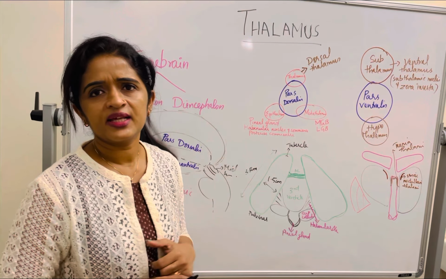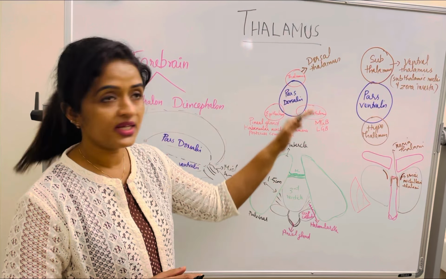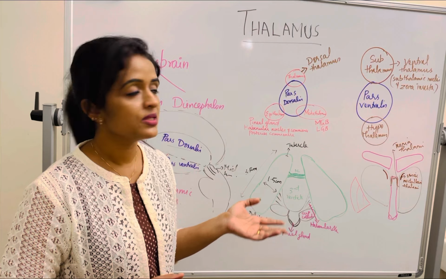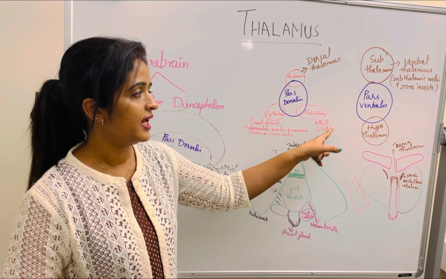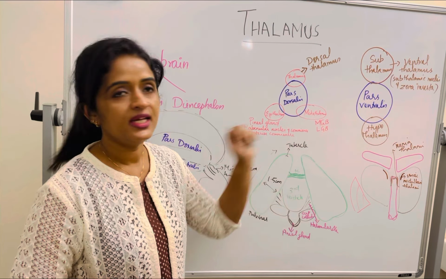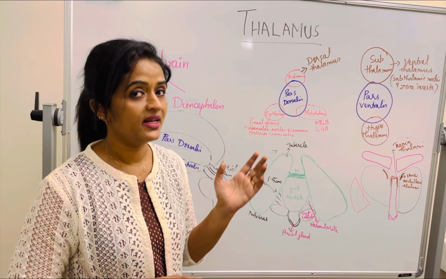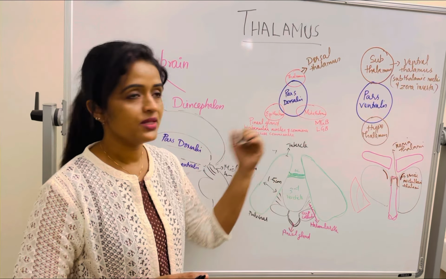Now what is metathalamus? Metathalamus, though it is considered as a different entity from thalamus because of its functions, it is actually considered under thalamus. And in metathalamus we have the geniculate bodies, the medial geniculate body and the lateral geniculate body. We know the medial and lateral geniculate bodies, they are dealing with the hearing as well as vision.